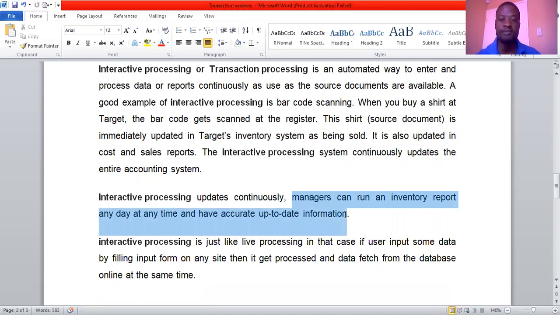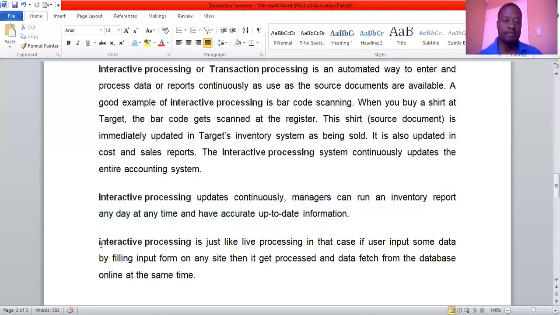They don't have to wait for the whole day to end, or the whole week, or the whole month, or the whole year. So they can run this inventory report any day and have accurate, updated information about the whole stock, like what was sold today or at this time, and so forth.